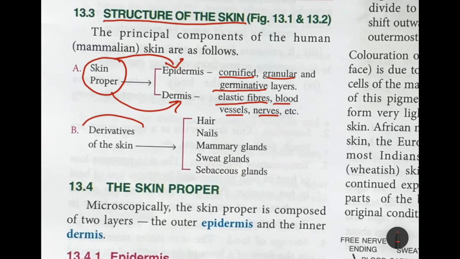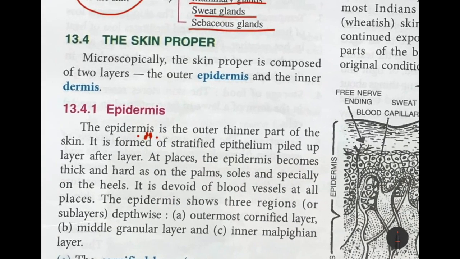Then you have derivatives of the skin, which are hair, nails, mammary glands, sweat glands, and sebaceous glands. When we look at the skin proper under a microscope, it is made up of two layers, the outer epidermis and the inner dermis.